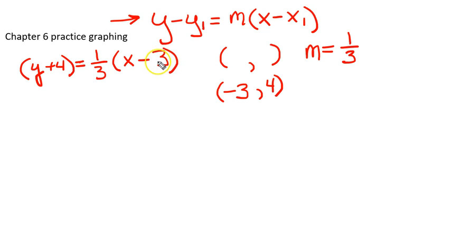So my question is, what would it have had to have been in order for this to end up as a -3? Well, the shortcut answer is the opposite sign of what is there. So this would be a +3 then, because if we put a +3 here, it ends up being a -3.